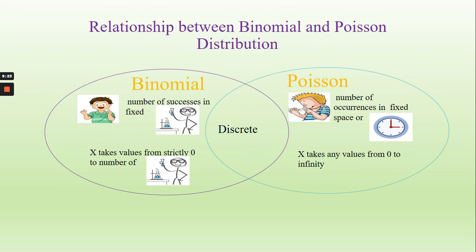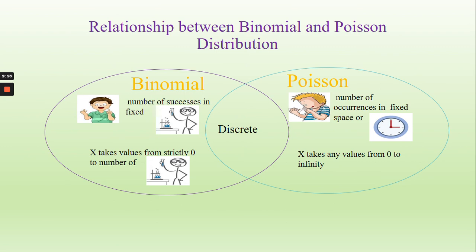So if the experiments are 10, our value of x will start from 0 to 10. If the number of trials is 20, the random variable x will take values from 0 to 20.